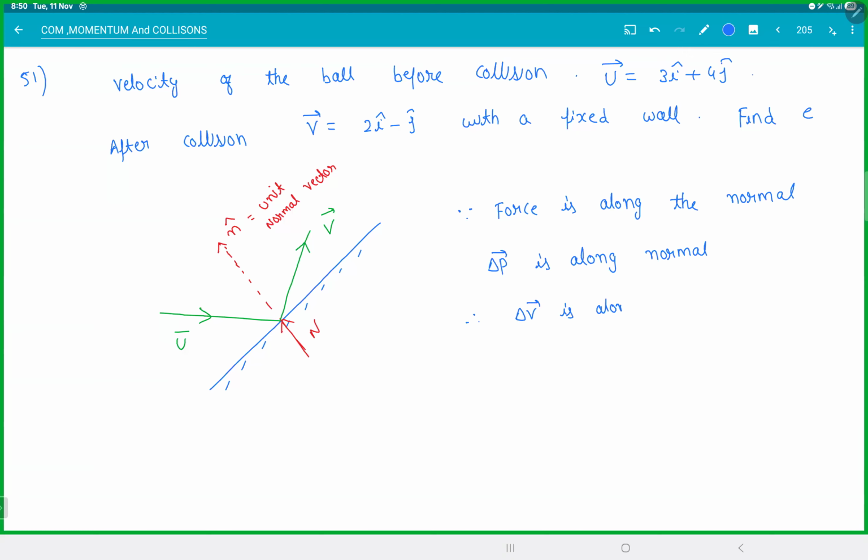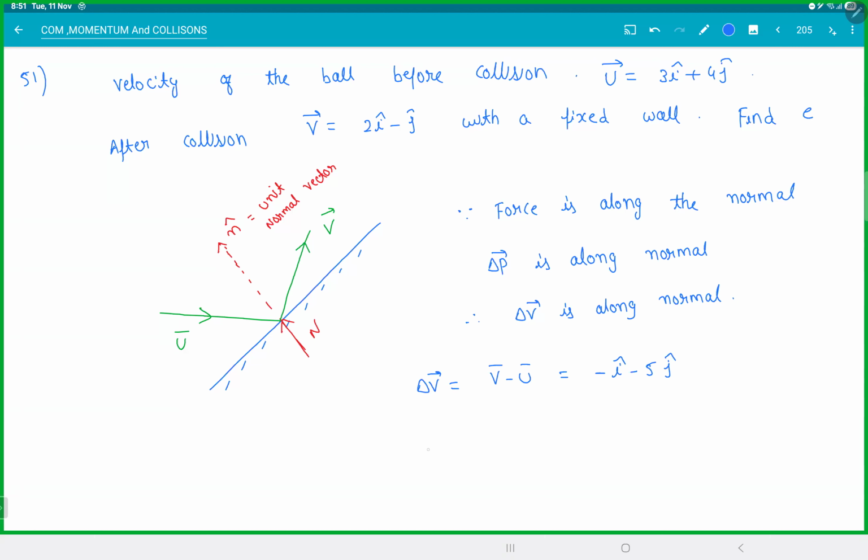This is how you can find the normal vector. You don't need to know how the wall is. So what is delta v bar? Delta v bar is v bar minus u bar, right? Which you can subtract here, which will be (2 minus 3) i cap, (minus 1 minus 4) j cap, so minus i cap minus 5j cap. This is your delta v bar.